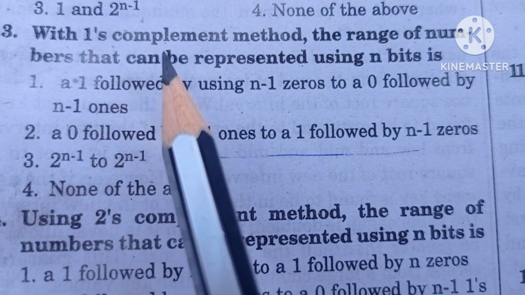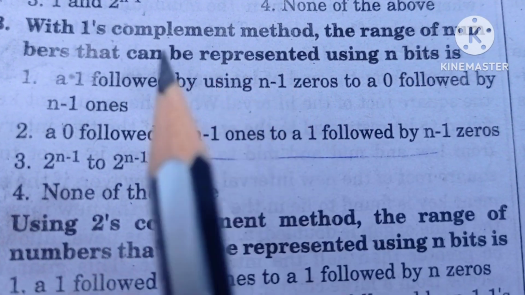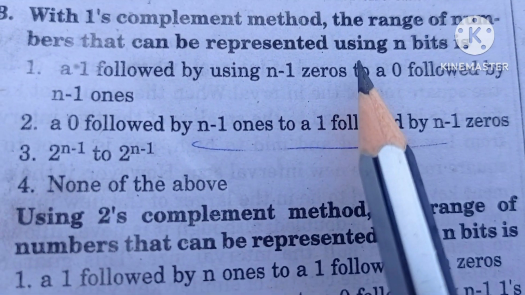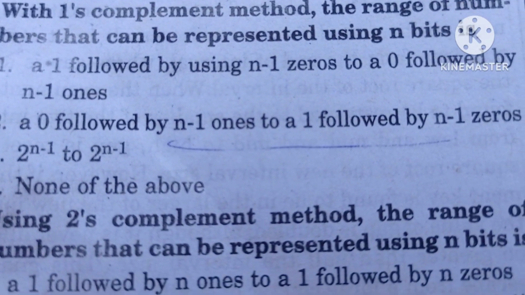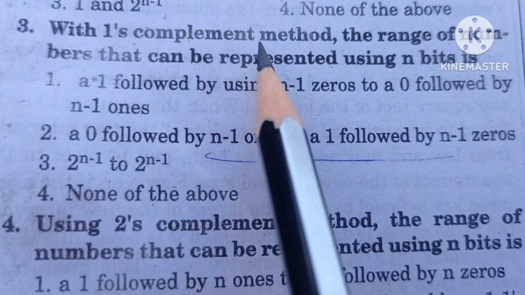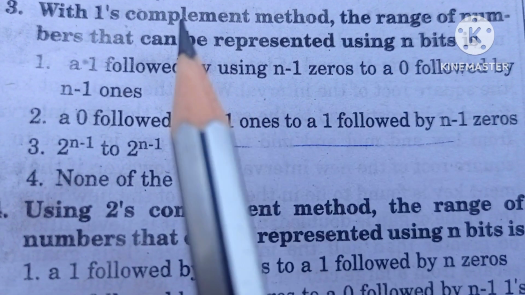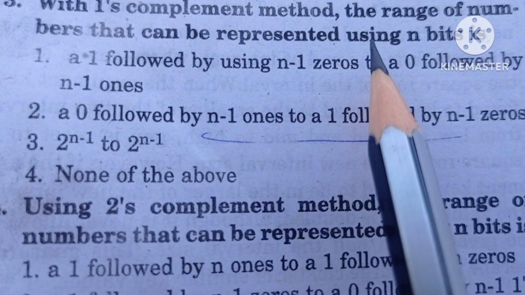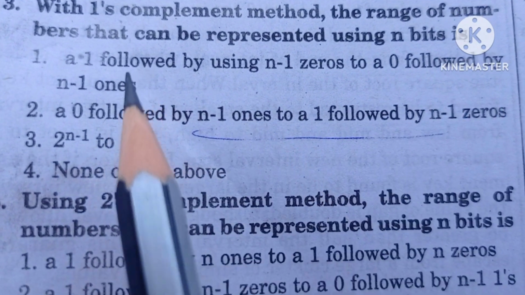With the one's complement method, the range of numbers that can be represented using n bits is?